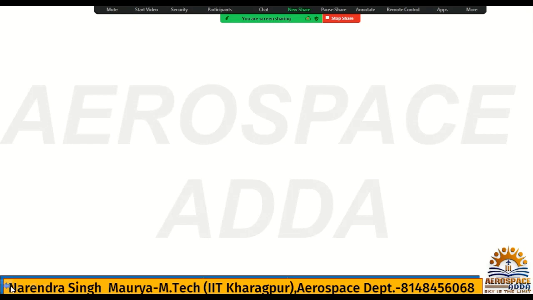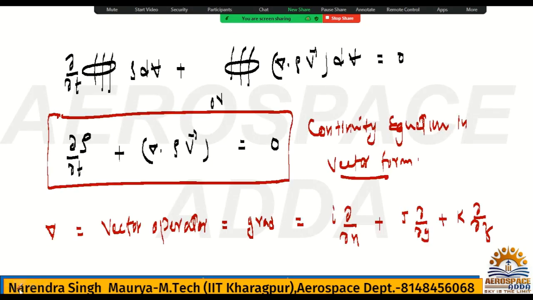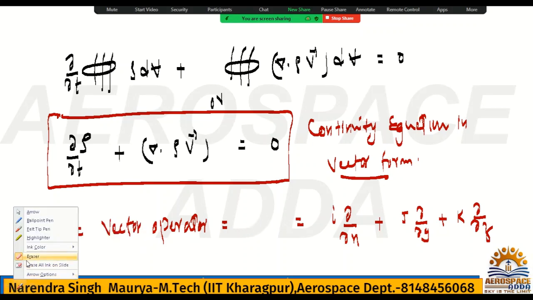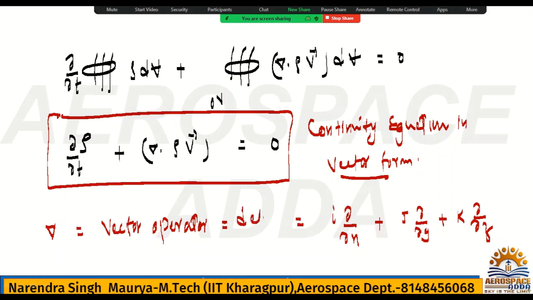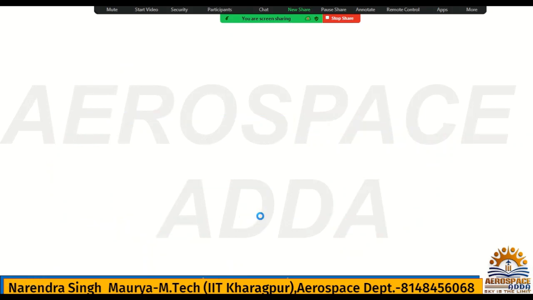So this is the del operator. When this operator acts on a scalar, it will be called a grad.